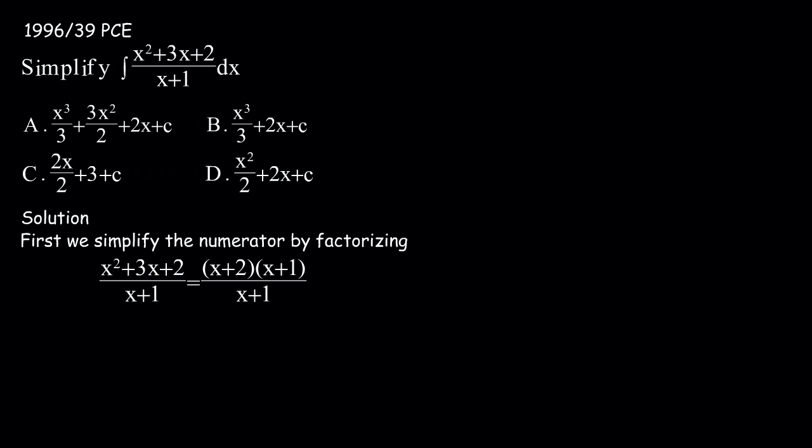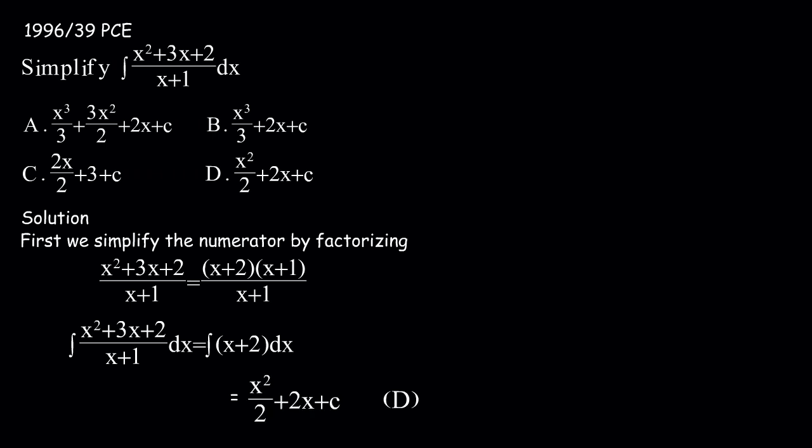Now, cancelling out s plus 1 from our numerator and our denominator, we will be left with s plus 2. Thus, our original equation, that's the integral of s squared plus 3s plus 2 divided by s plus 1, is equals to the integral of s plus 2 ds. Now, integrating it individually, it will be equals to s squared divided by 2 plus 2s plus c.